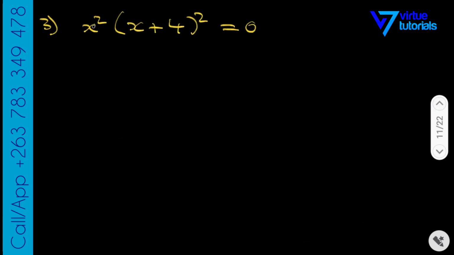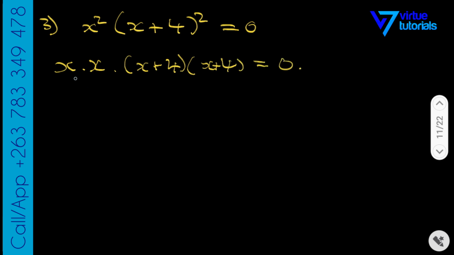I can have x squared times (x plus 4) squared is equal to 0. So when you have x squared, it simply means there are two x's multiplying each other. If you have (x plus 4) squared, it means there are two brackets which have x plus 4 that are multiplying each other. So if we were to expand this, this would be x times x times (x plus 4) times (x plus 4), and this is equal to 0.